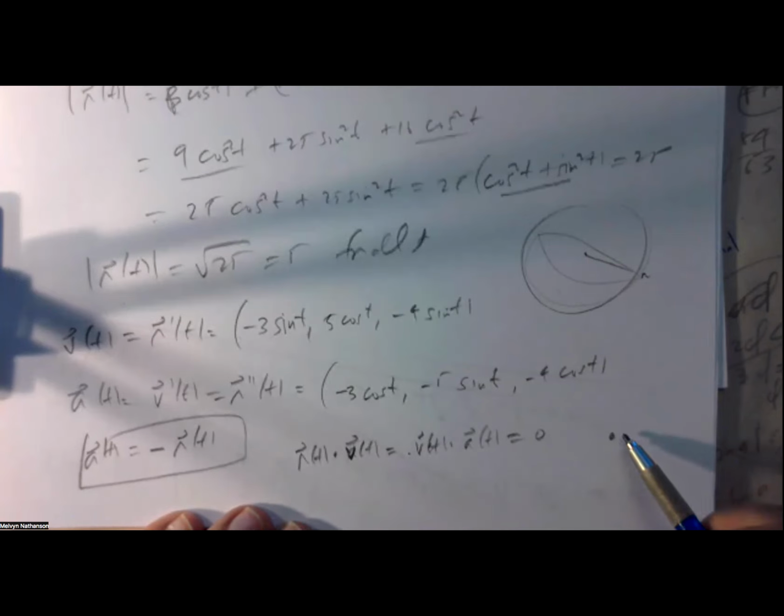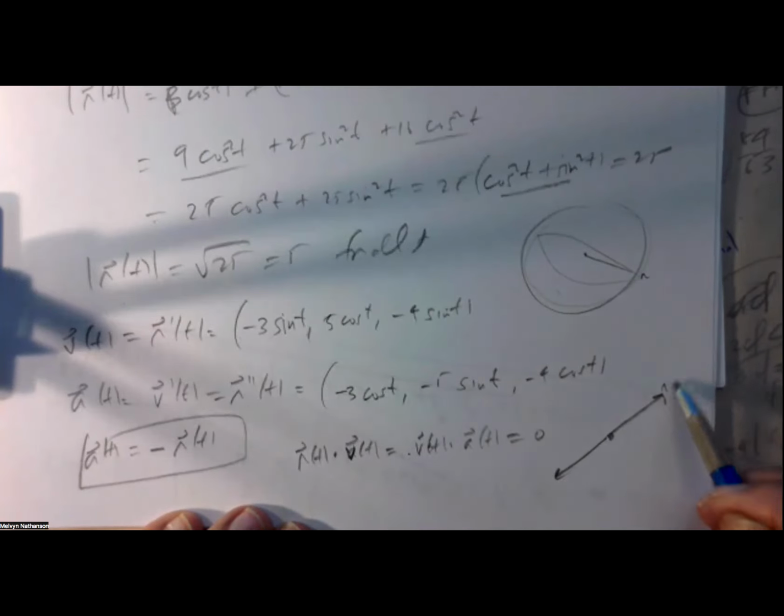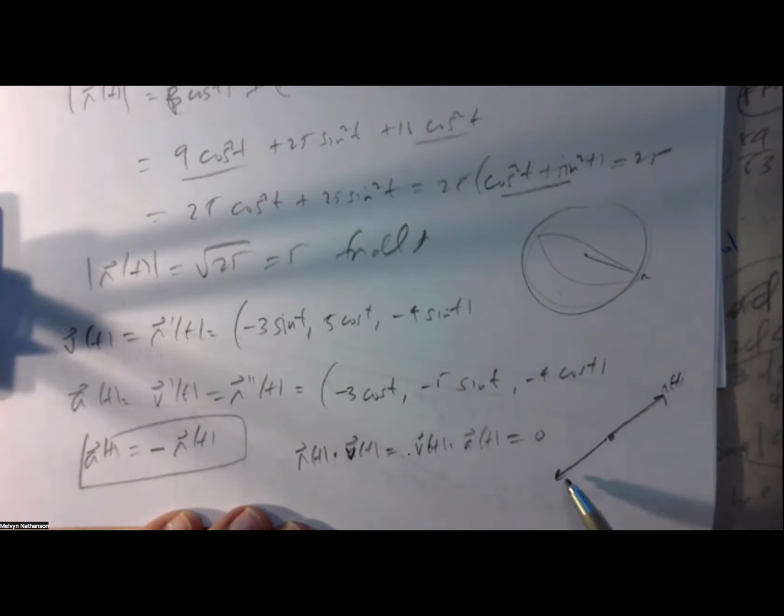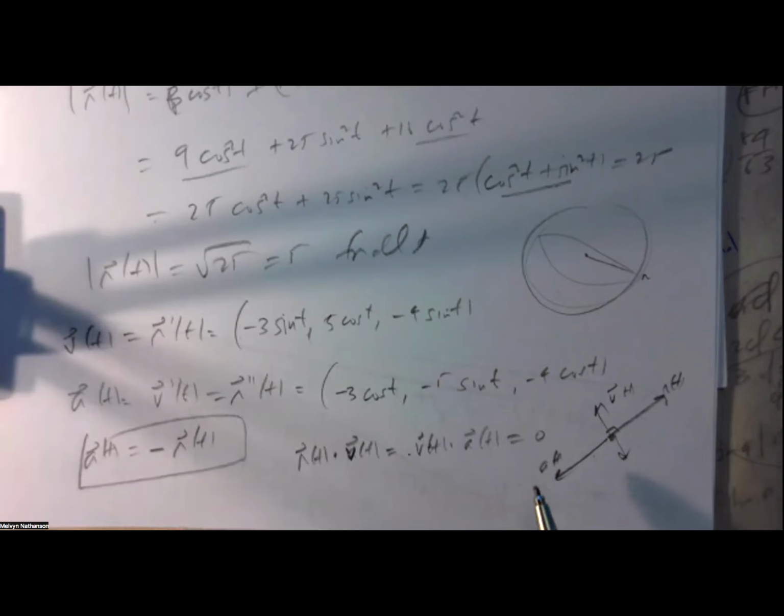As you're moving along, if this is the position vector, this is the acceleration vector, and these are the velocity vectors. The velocity vector is perpendicular to position and acceleration.